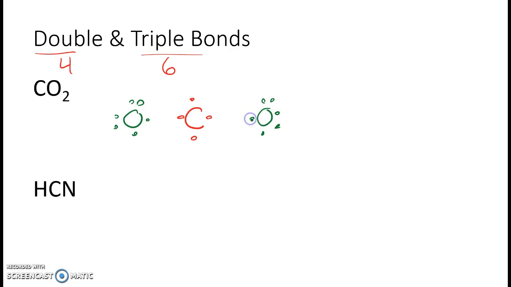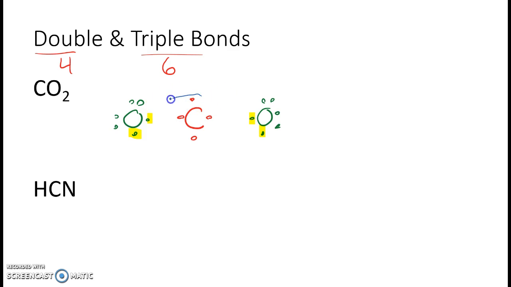There's a couple things I want you to see here. First of all, carbon has 4 unpaired valence electrons. That means it wants to form 4 bonds. Each oxygen atom here has 2 unpaired valence electrons. Therefore, each oxygen wants to form 2 bonds.